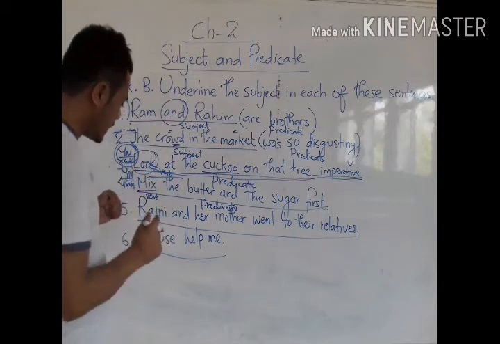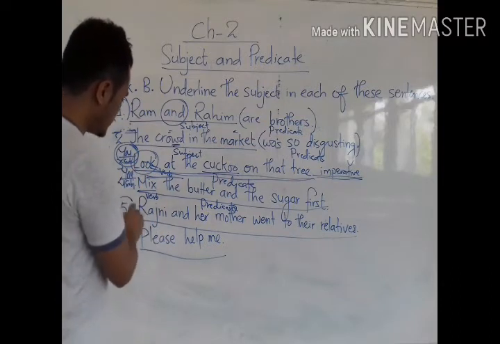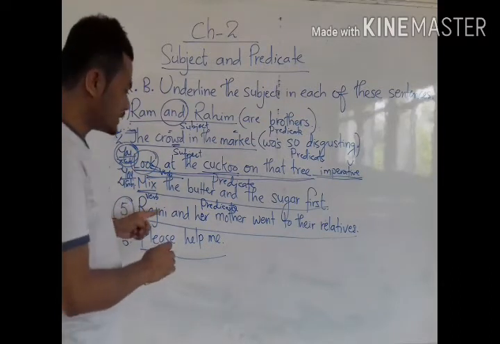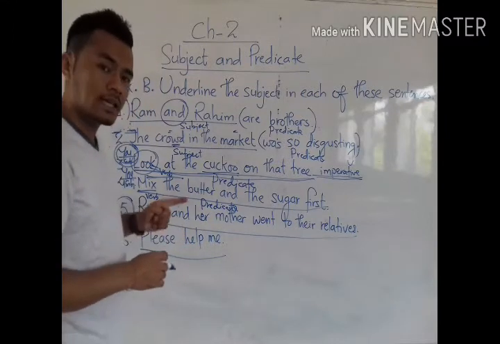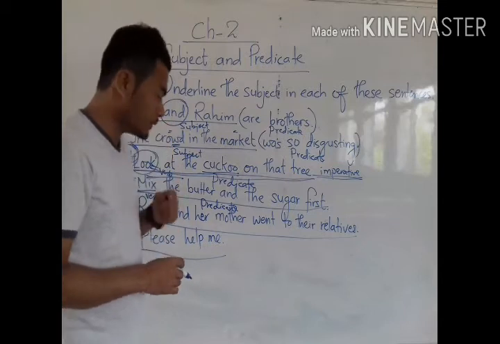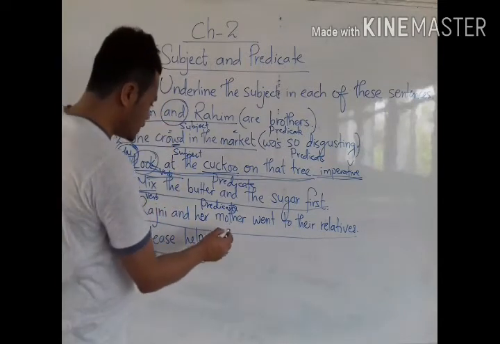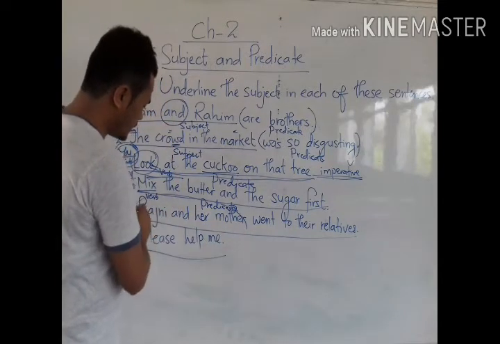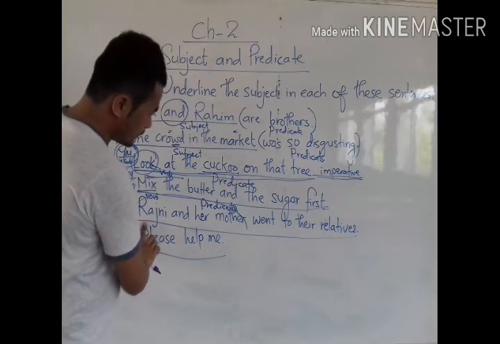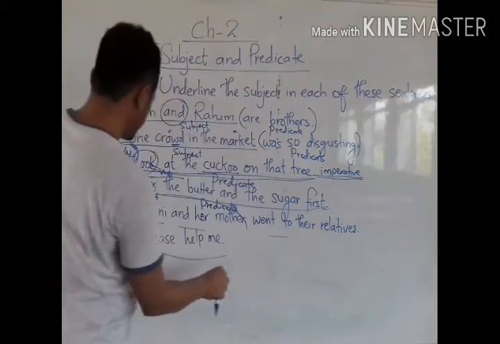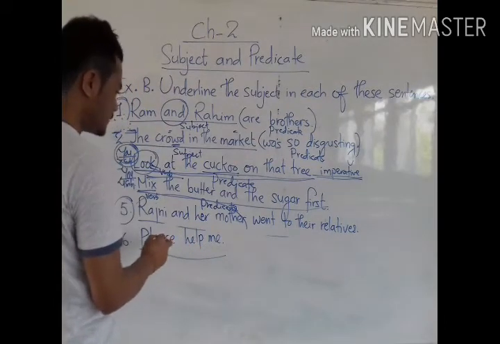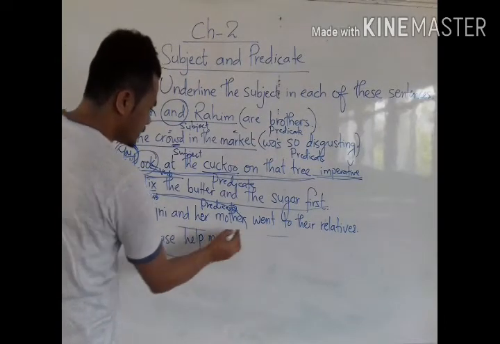Clear? Now come to sentence number 5. Rajni and her mother went to their relatives. Now this is an example of an assertive sentence. The sentence tells us about Rajni and her mother. So Rajni and her mother is subject.